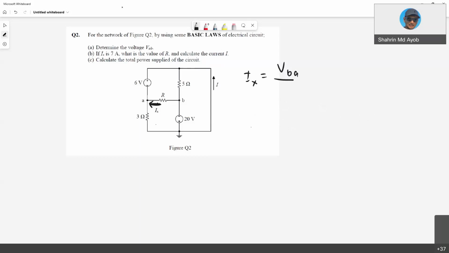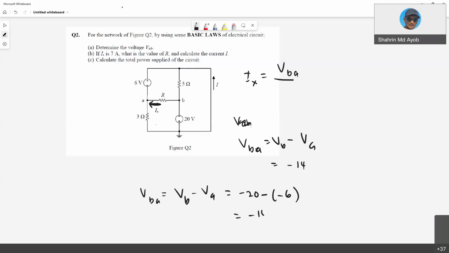So VB minus VA. Yes, correct, VB minus VA. Thank you. So VBA is VB minus VA, which is straightforward, negative 14. If you are not convinced, you can write down VB minus VA, where VB is negative 20 and minus VA is negative 6. So that's why we have negative 14.